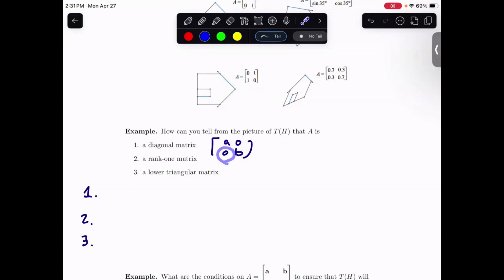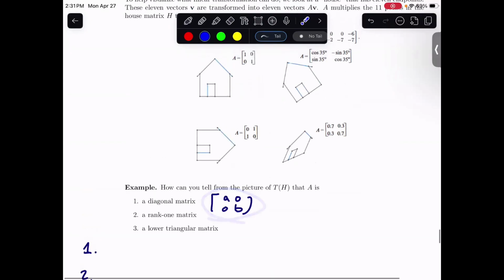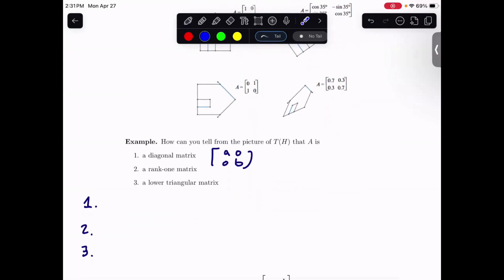That's what the off diagonal terms do. What matrix multiplication would do onto our house is just lengthen or shrink, I should say, depending on whether A and B are greater than or less than 1. But it's not changing horizontal lines or vertical lines, right? So this multiplication is going to send horizontal lines to horizontal lines.